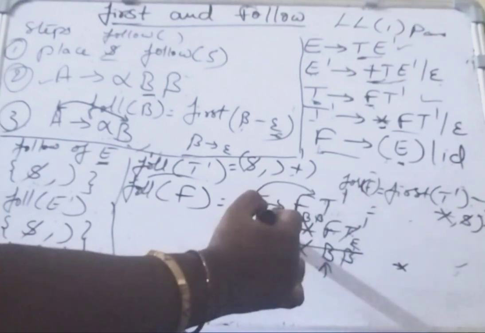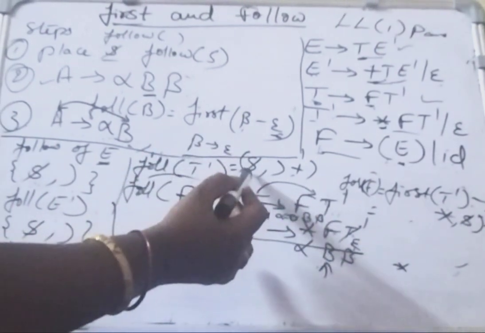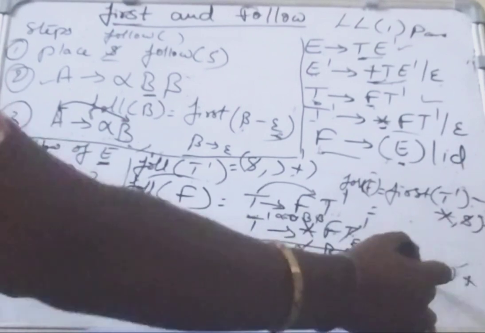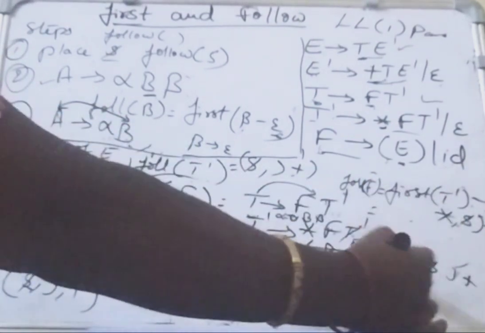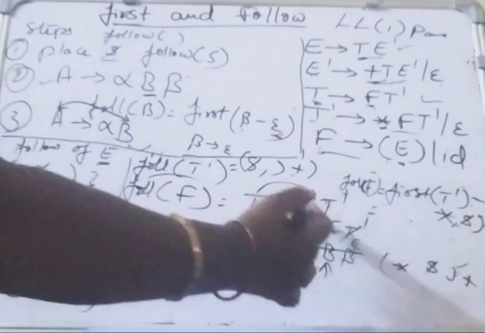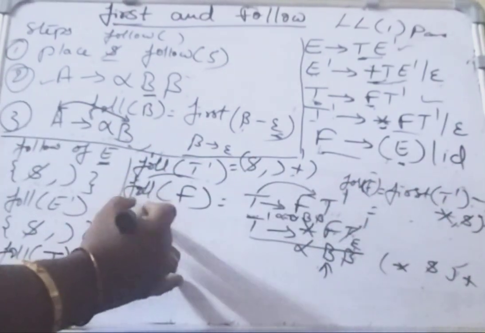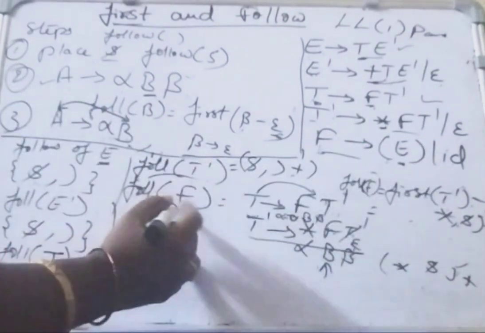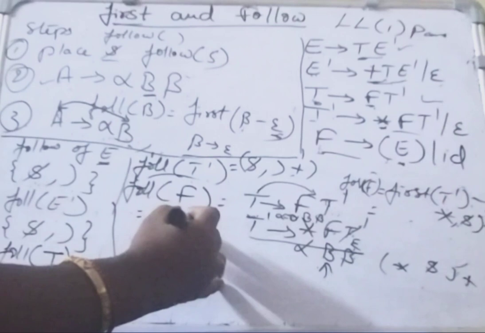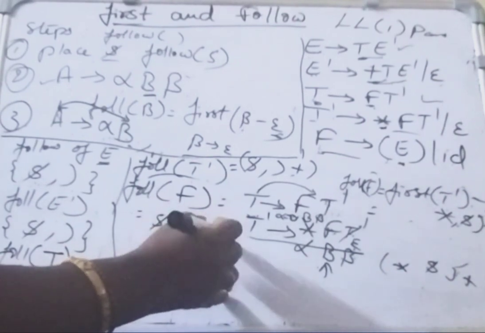Follow of t dash is already computed: dollar, greater than and plus, which is the same. So don't write it two times. You get it both ways. Follow of f is equal to four symbols: dollar, greater than, plus and star.